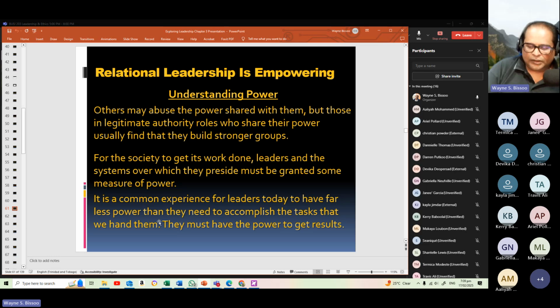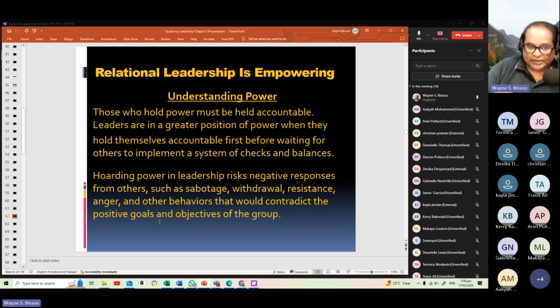Sharing that power also gets more work done because if you hold all of the power to yourself, all of the resources to yourself, then you limit the amount of people who can actually get the work done for the organization, and that's something that you really have to pay attention to because at the end of the day, you are required to deliver on the objectives of the organization.